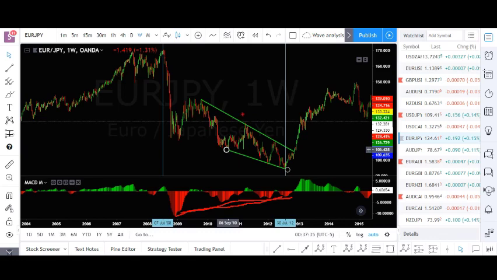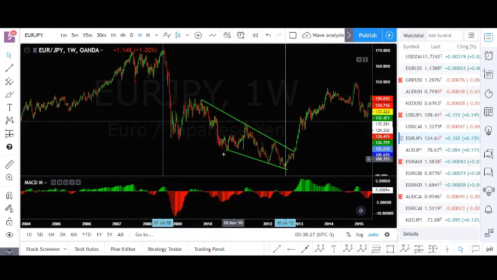Please remember, in the ending diagonal, we will start to label this as A, B, C, and if after the C move you still continue down, you must already start to think that we got another move down after the ABC. Chances are we might be forming an ending diagonal, and that is actually what happens.